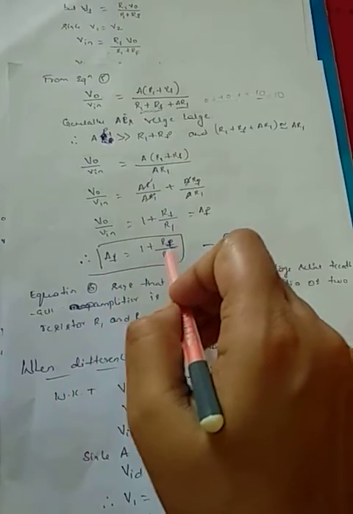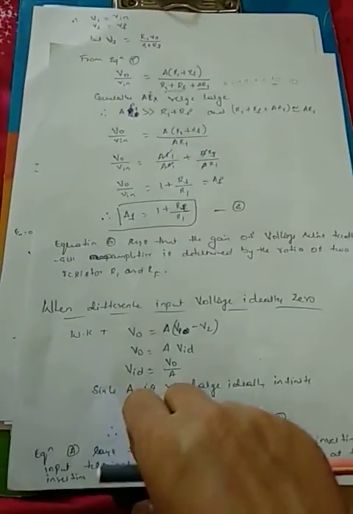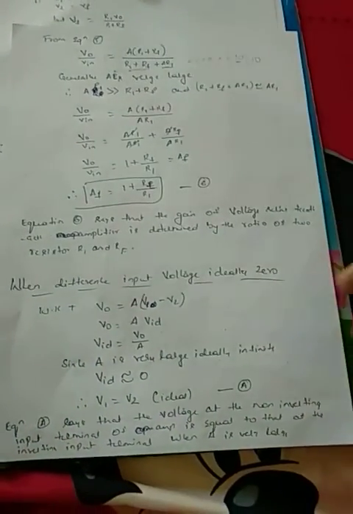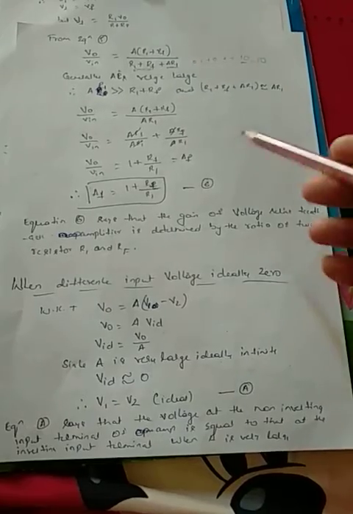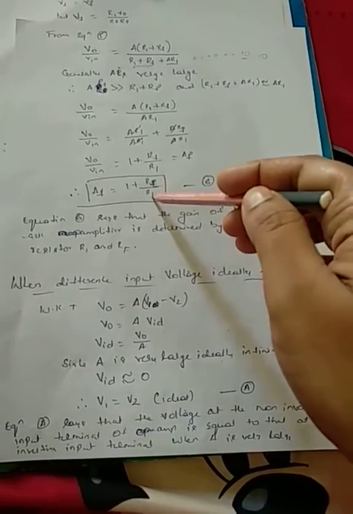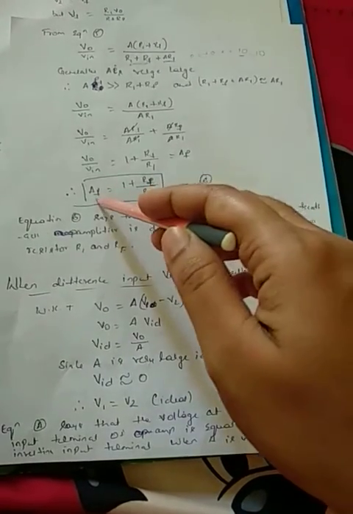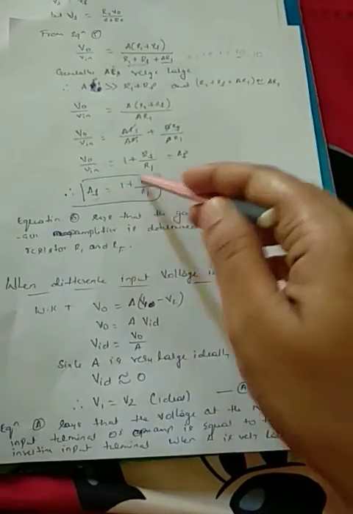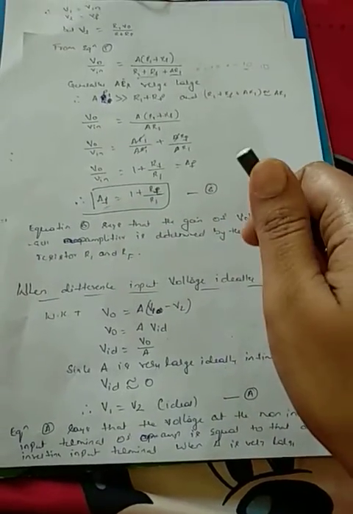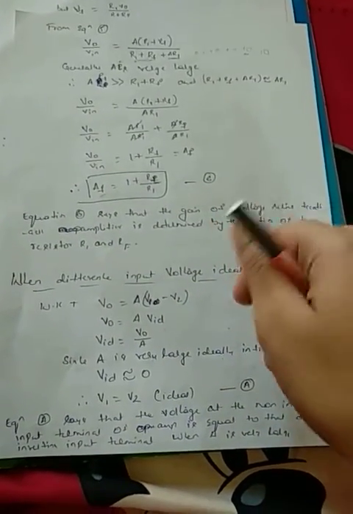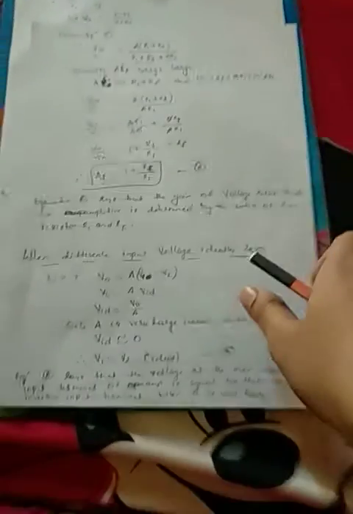That is AF is equal to 1 plus Rf divided by R1. This says the gain of the voltage series feedback is determined by the ratio of the two resistances R1 and Rf, that is, the gain with feedback depends on the two resistances in the feedback circuit.